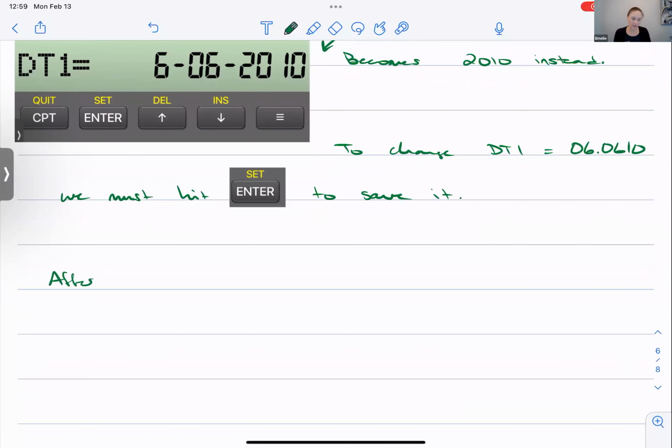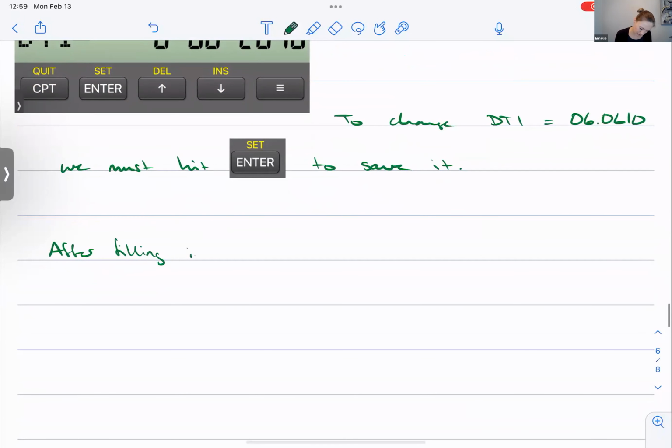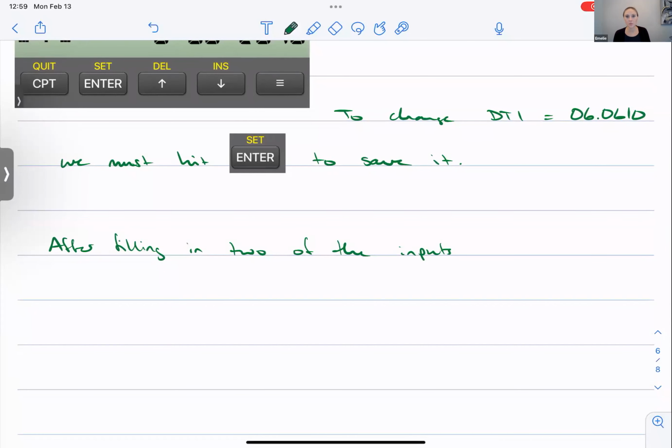I have an example, but I just want to show you how it works first. So after filling in 2 of the inputs, go to the input that you want to calculate, and then you hit compute.